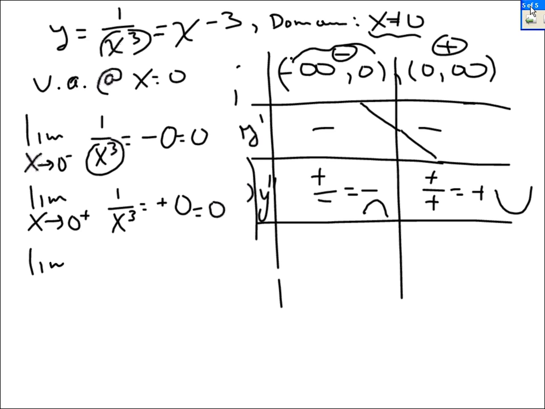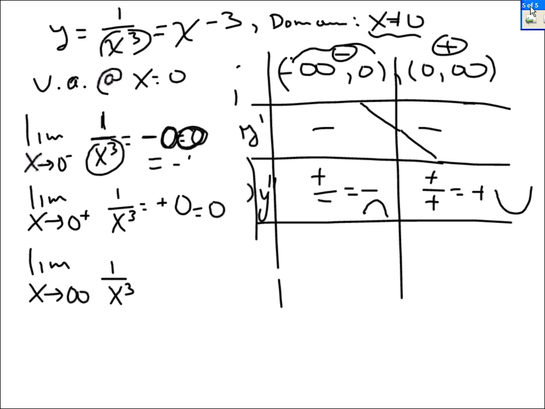And since it's a rational function, we have to look at the limits at infinity. Oh, what am I saying? 0 cubed is close to 0, but negative. 1 divided by close to 0 is infinity. Sorry. Very sorry.